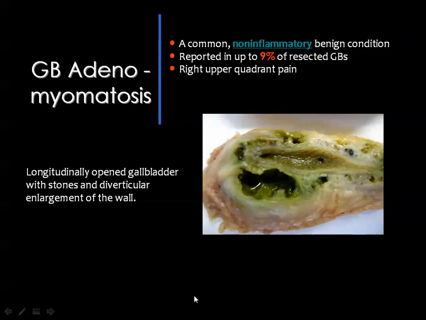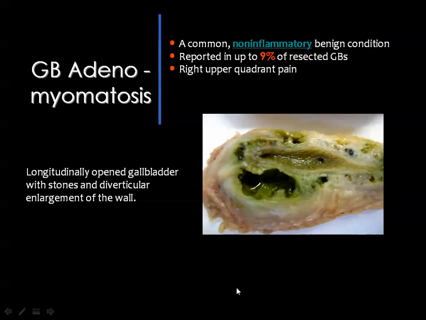Then we came to adenomyomatosis of the gallbladder, and this is a non-inflammatory condition, and it is seen in about 9% of resected gallbladders. Patients with adenomyomatosis may complain of right upper quadrant abdominal pain.